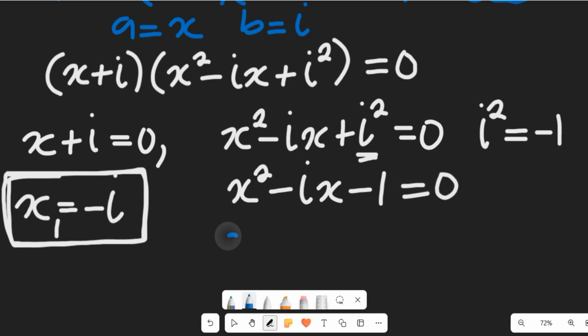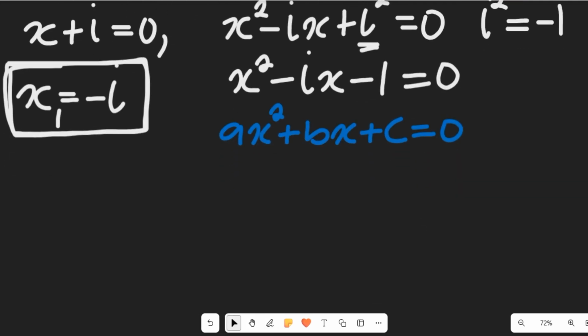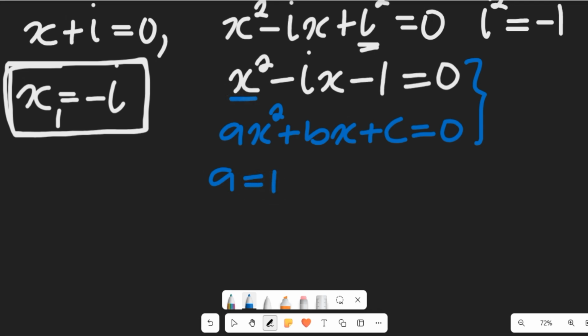And this expression looks like the quadratic expression ax squared plus bx plus c equal to 0. Comparing these two expressions, you see that our a is equal to 1, our b is equal to negative i, and our c is equal to negative 1.